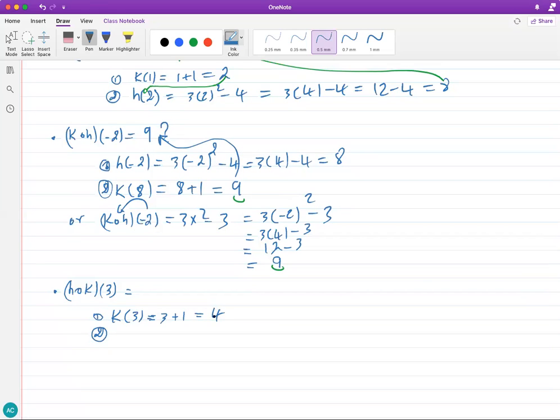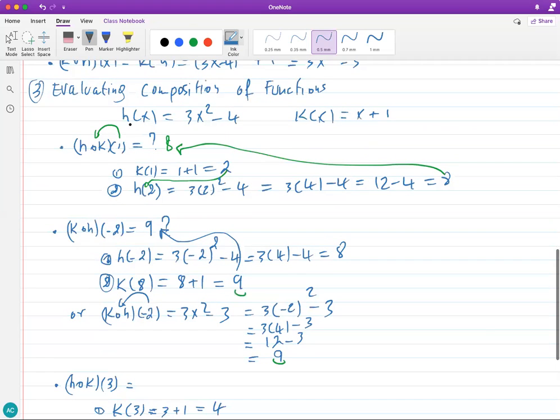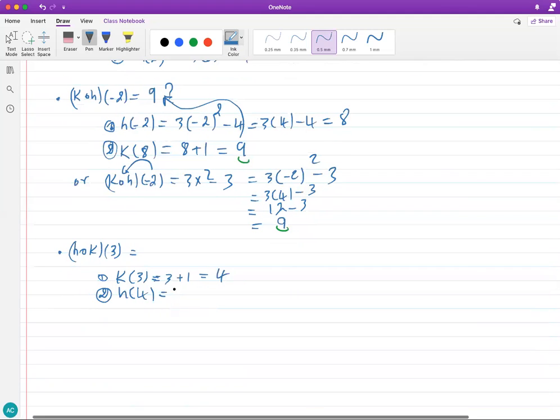And next step. What do we do with the 4 now? H of 4. That's right. I'm going to take the 4 here, plug it into the first one. So this is 4, plug it into H. 4 into H, again, make sure you use the right function. H, we're going to use this one this time, 3x to the second minus 4. I'm going to plug the 4 here and here. 3 times 4 to the second minus 4.